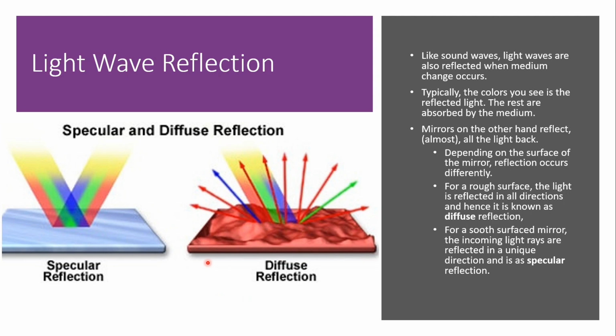But once that light passes through, let's talk about leaves. Leaves are green in color, so every other color apart from green is absorbed, but the green color is reflected back.